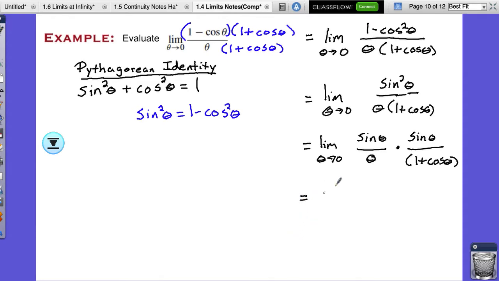When we evaluate the limits of each part separately, the first one, the limit of sine of theta over theta, is just equal to 1 via what we've already memorized. The other fraction, I can just substitute in there.